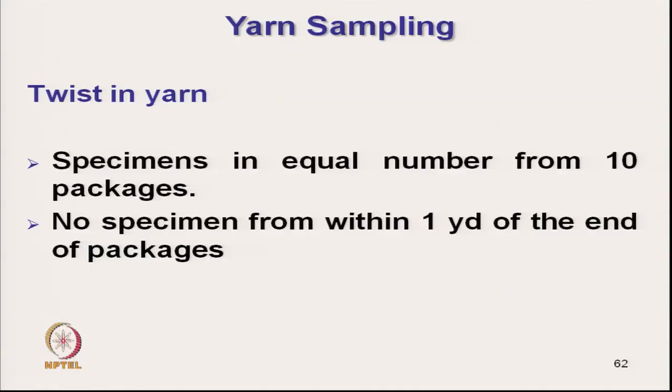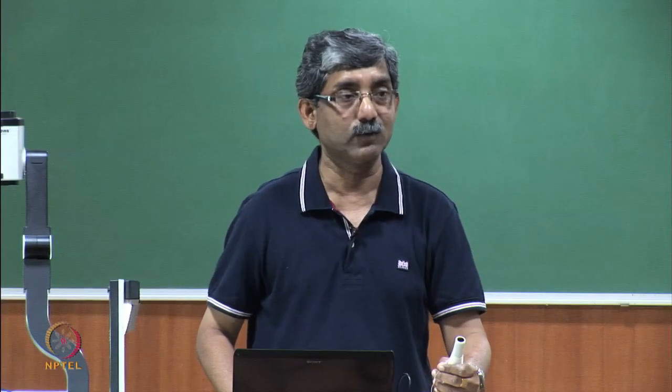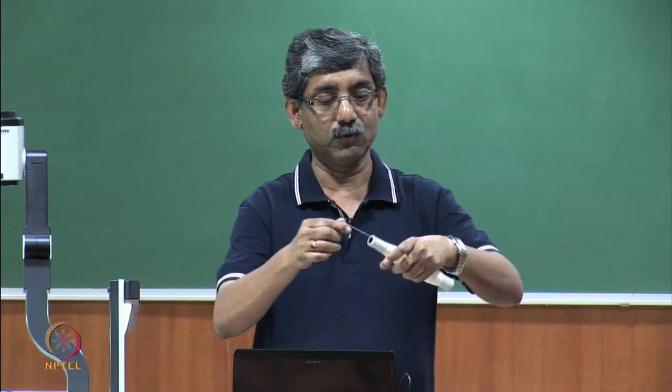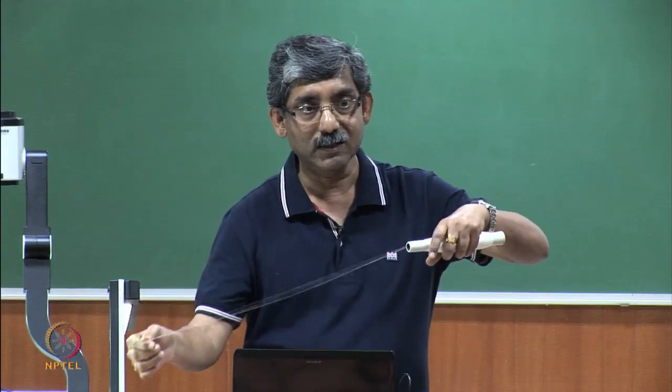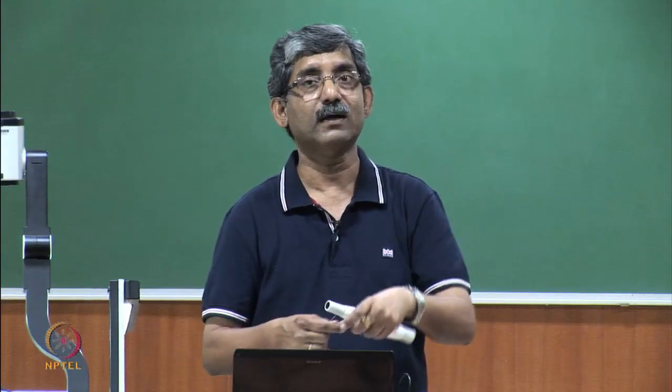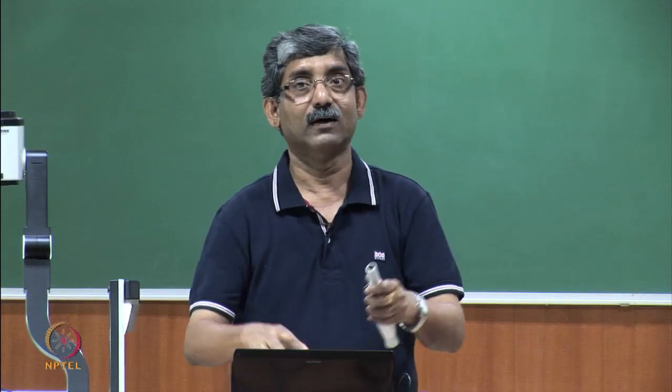At least 10 packages we have to take, and no specimen can be taken from within 1 yard of the end of the package. We have to discard at least 1 yard of length.